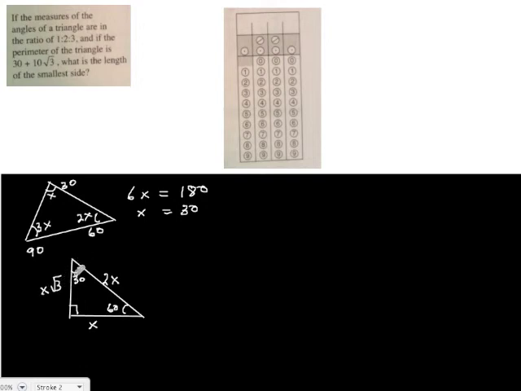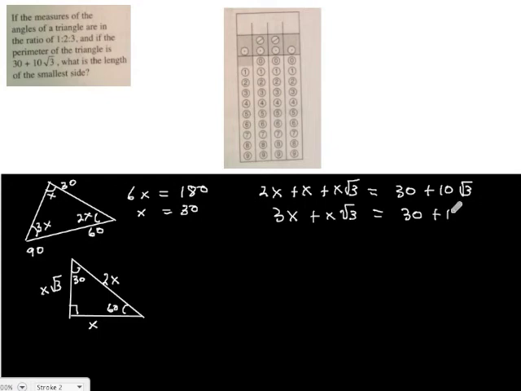We also know that the perimeter is 30 plus 10 root 3. We can set up an equation: 2x plus x plus x root 3 is equal to 30 plus 10 root 3. So 3x plus x root 3 is equal to 30 plus 10 root 3.